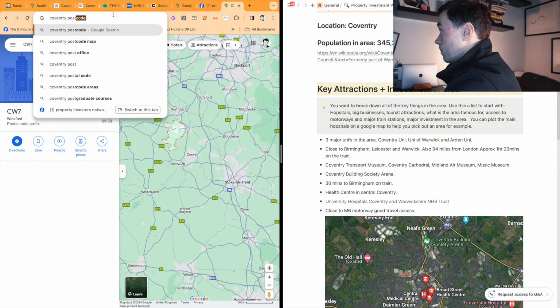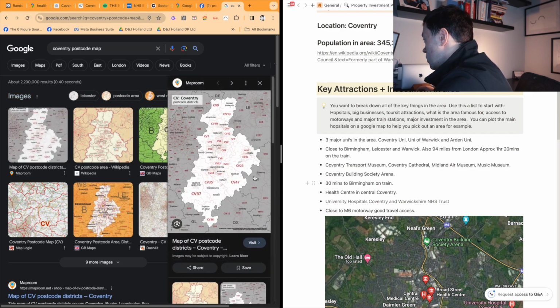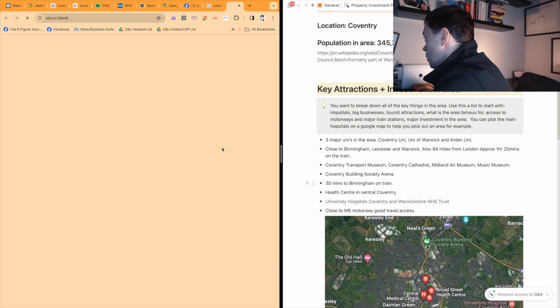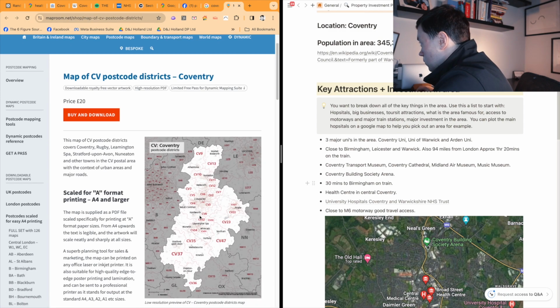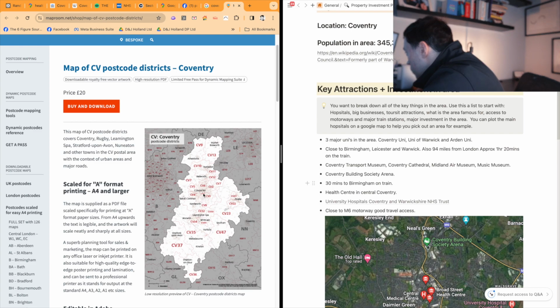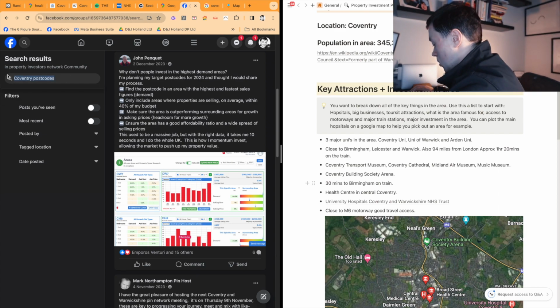Coventry postcode map. So here we go, we got that postcode. So CV we're looking for. So we were there, so CV2 I suspect. So let's try that. CV2, anyone talking about CV?